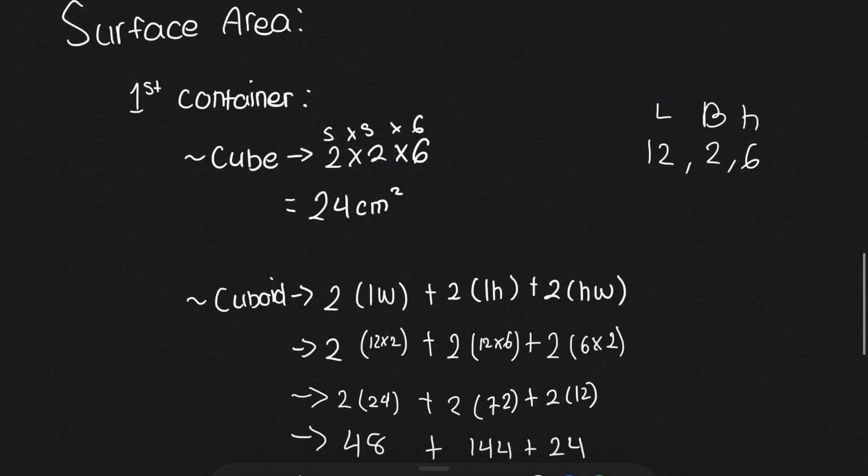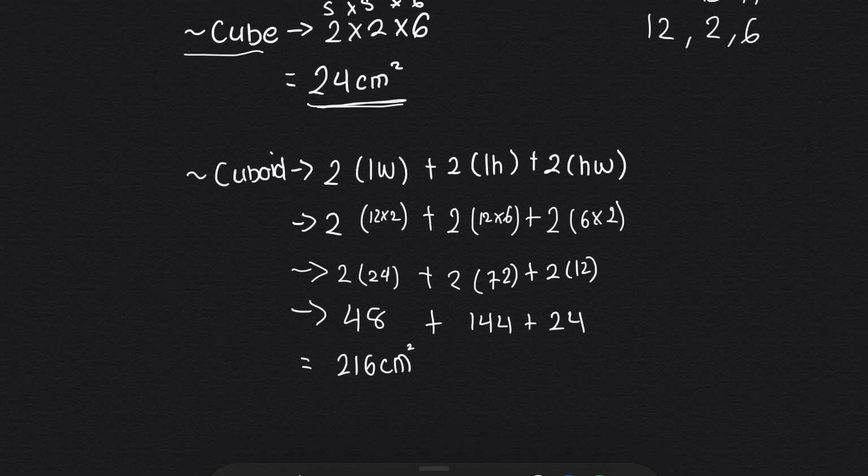So now let's count the surface area. For the first container, we're going to start with the cube, which is side times 6 for the formula, which will be 2 times 2 times 6, which gives us the answer of 24 centimeters squared. Now, for the cuboid, we have to do 2 times length times width, plus 2 times length times height, plus 2 times height times width, which gives me 48 plus 144 plus 24, so the surface area is 216.